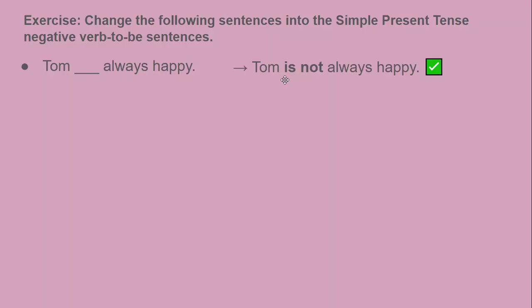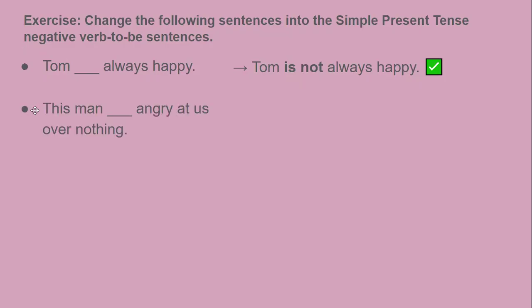So the correct sentence then is, Tom is not always happy. So we put not. Why? Because we said this is a negative verb to be sentence. So it has to be negative. Okay? Let's move right along.